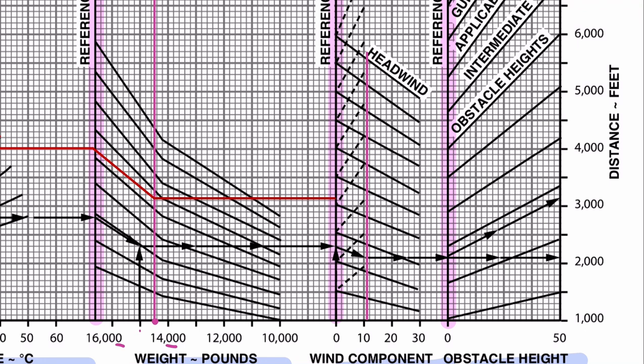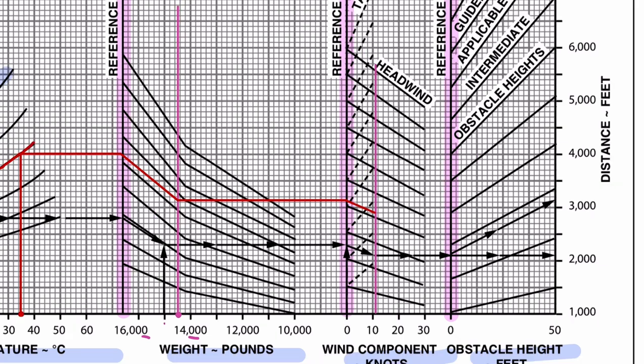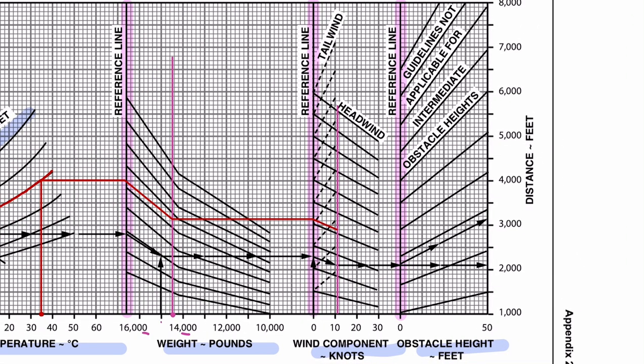So I'm going to follow the outline of the chart. If I did have a tailwind, note that I would go up from this point. Like if I had a 10 knot headwind, my line would look like that green line. And then I'm taking that straight over again to here.